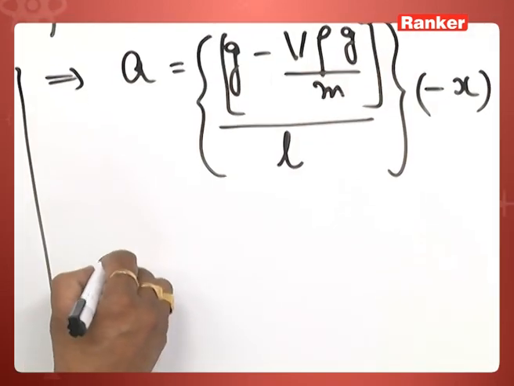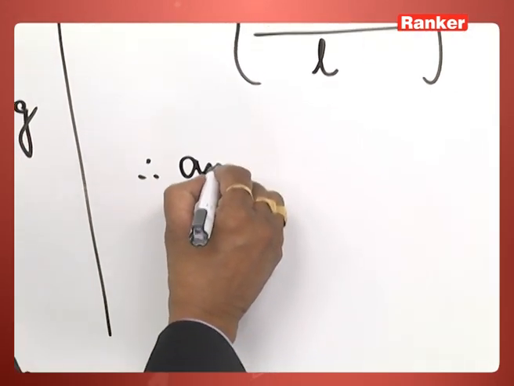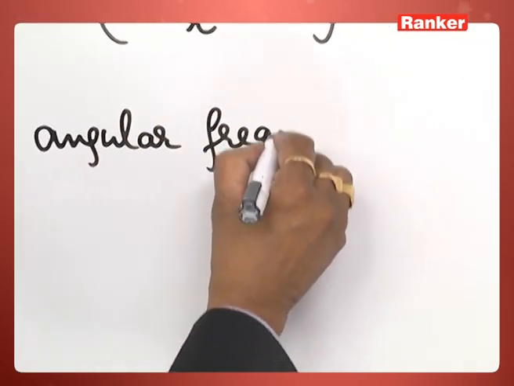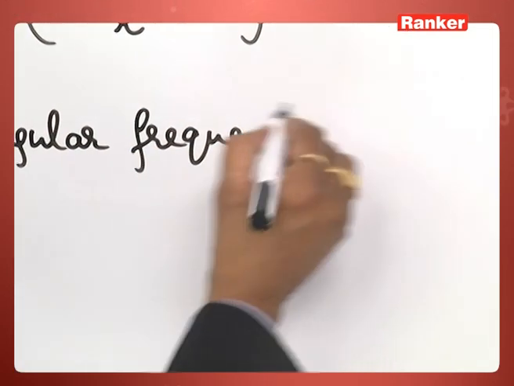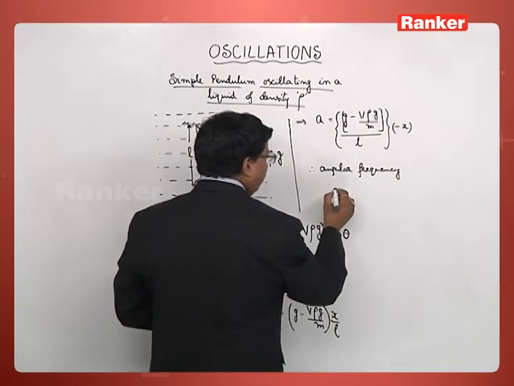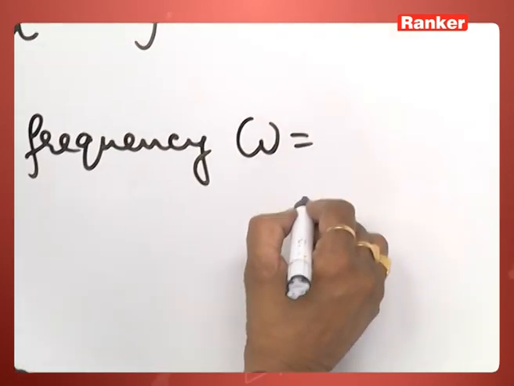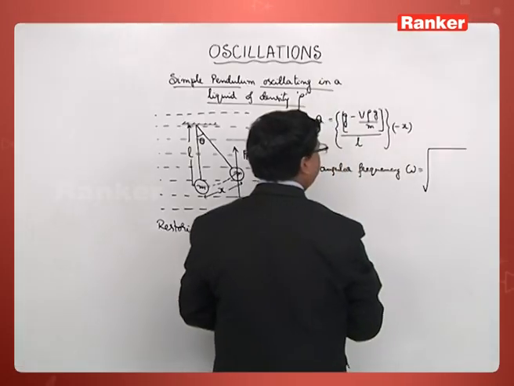Therefore, what can we write now? The angular frequency of the body which is in simple harmonic motion. This angular frequency, omega, can be written as under root.